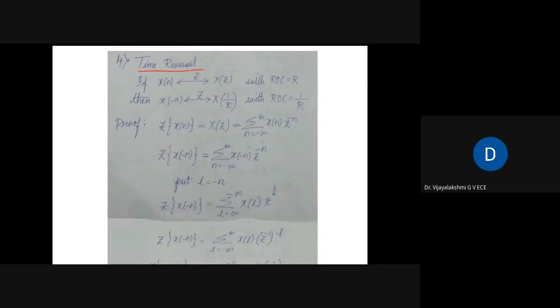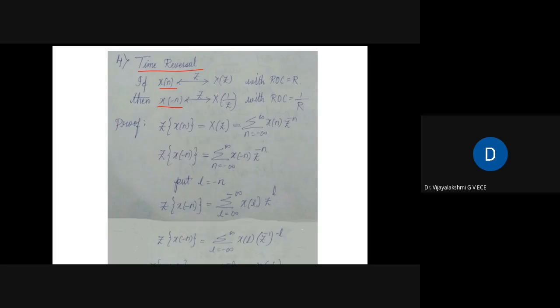Let us consider the sequence x of n. Its Z transform is X of z. So x of n and X of z form a Z transform pair with ROC equal to R. Now, if I reverse this signal x of n, then in the Z domain, the z is getting inverted.